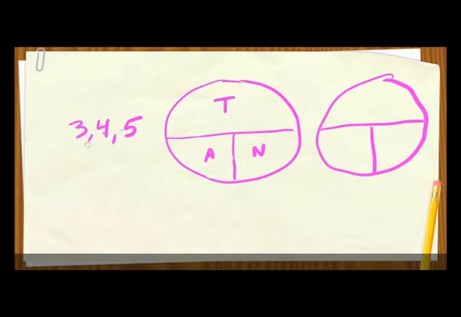So for instance, if our numbers are 3, 4, and 5, our total is going to be 12, because that's what they add up to. The number refers to the number of elements that we have, so we have 3 elements. And then the total divided by the number gives you the average. So 12 divided by 3 equals 4. Like I said, they're going to give you 2 of the 3, and sometimes they'll give you the average and the number.